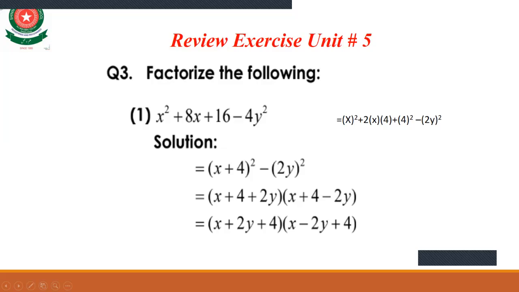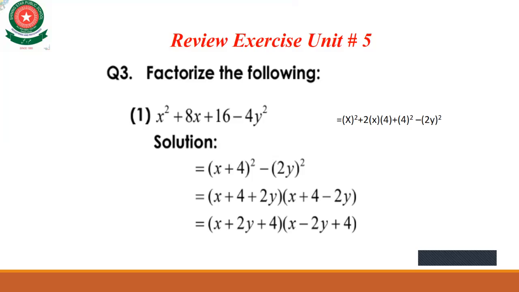Now we will use the formula a square minus b square, which is equal to a plus b into a minus b. As I told you, x plus 4 is the value of a and 2y is the value of b. So you can write it as x plus 4 plus 2y into x plus 4 minus 2y, by arranging, x plus 2y plus 4 and x minus 2y plus 4.